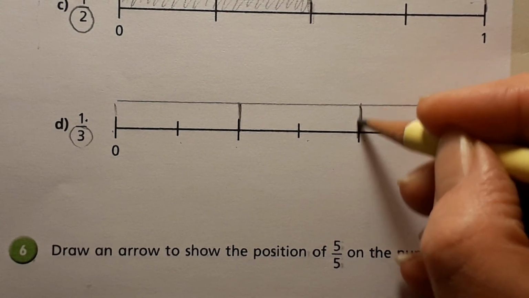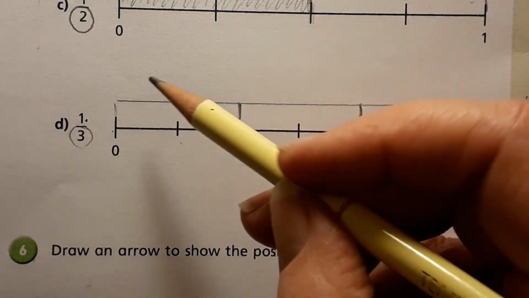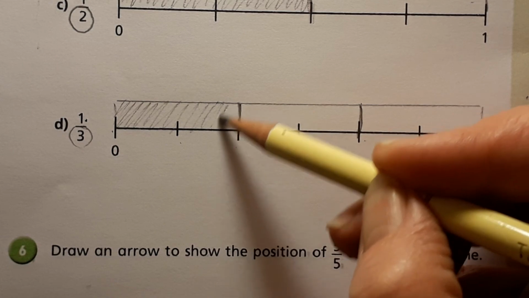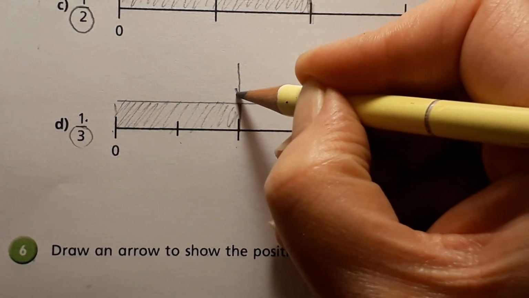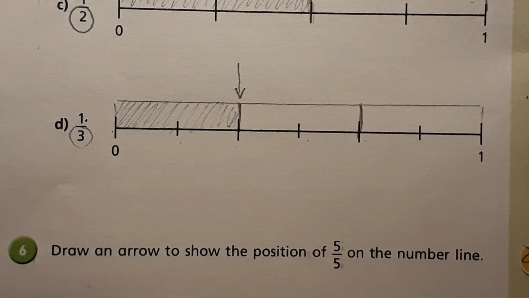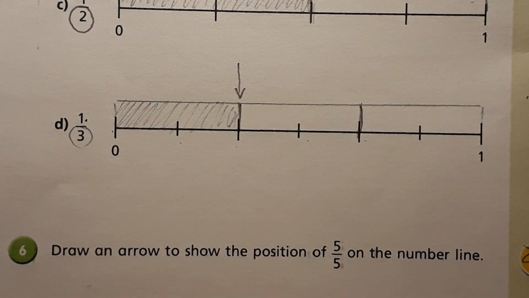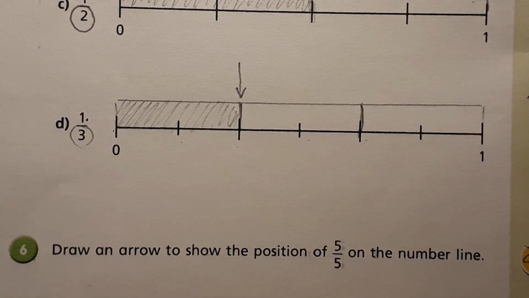So I'm dividing this part into thirds, and we know that we have 1 out of the 3. So if I'm drawing my arrow, my third would be here. Okay, it comes to do with understanding. The denominator shows you how many parts you have in the whole. Alright, we're going to do a lot of work with this in the next few days.